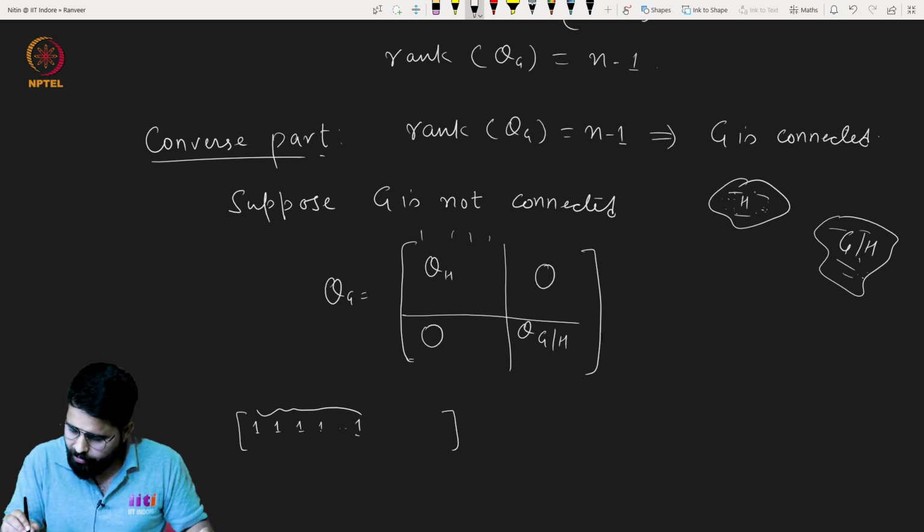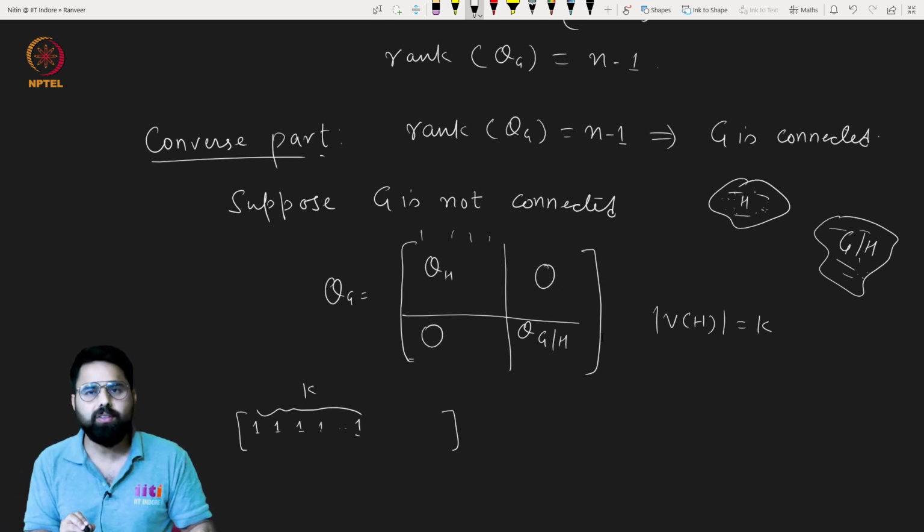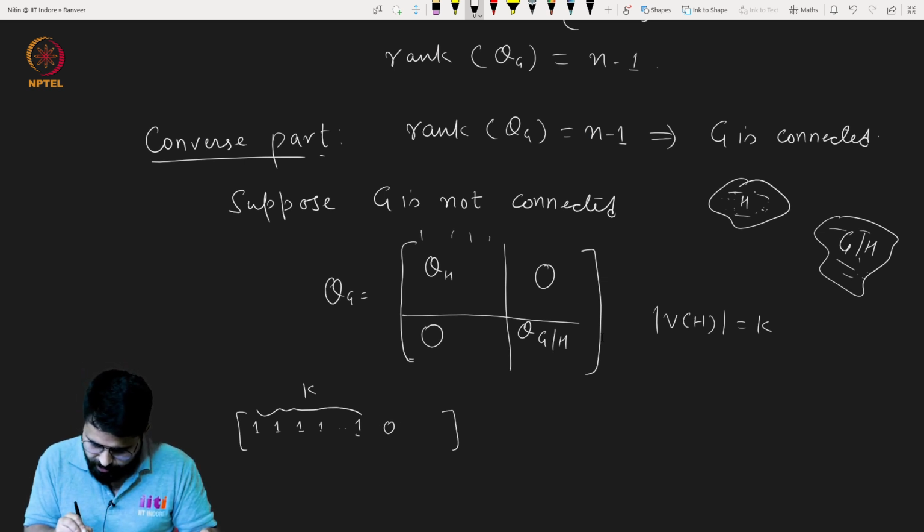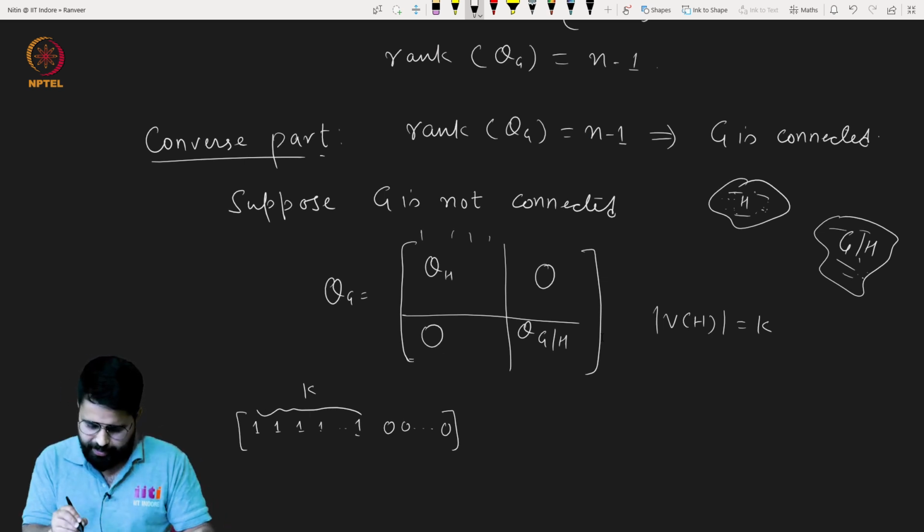Suppose the number of vertices in H is k. So these are k ones, an all one vector of size k, and the rest are 0, 0, 0. How many zeros? n minus k.